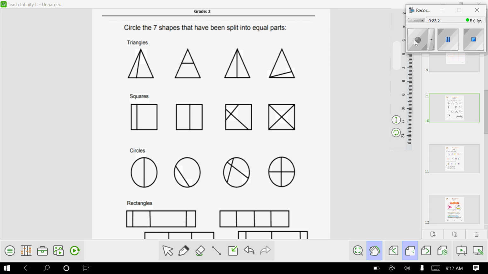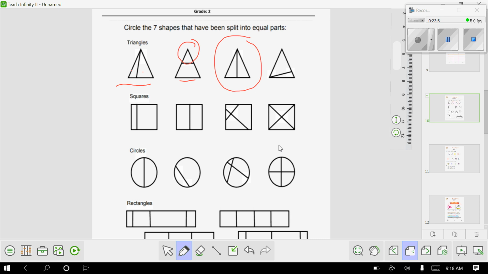So I said here circle 7 shapes that have been split into equal parts. For this shape, I don't have 2 equal parts because this part is larger than this. And for sure, this one, the top is less than the bottom. But here, I have 2 equal parts.